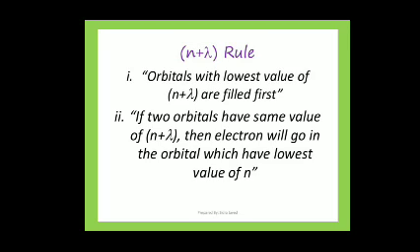So the electron first enters into 4s, then after enters into 3d. 3d is less than 4p, 4p less than 5s.